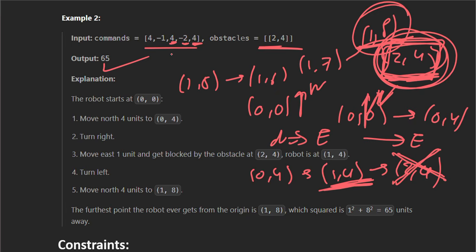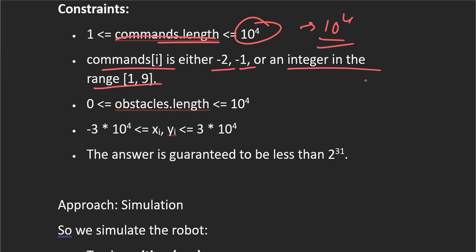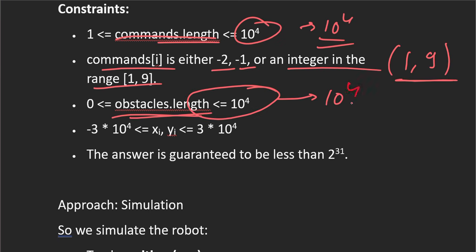That's our farthest point. So if we see the constraints, the total number of commands that will be given to the robot is up to 10 to the power 4, right? And the commands can be either -2, -1, or an integer from the range 1 to 9. The obstacles can be up to 10 to the power 4.